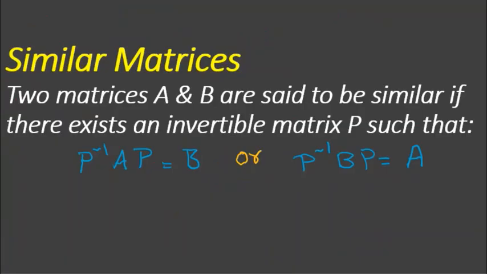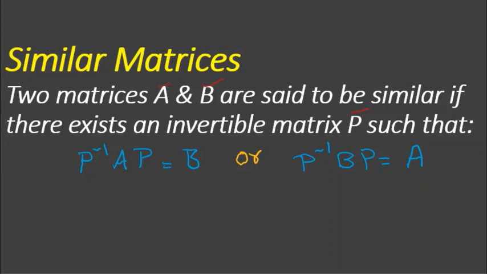Let us define now similar matrices. What do we mean by similar matrices? Two matrices A and B are said to be similar if there exists an invertible matrix P such that P inverse into A into P is equal to B, or P inverse into B into P is equal to A. So any two matrices A and B, we call them similar.